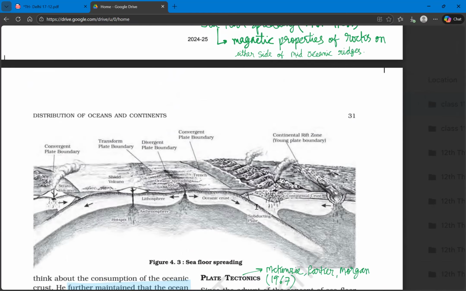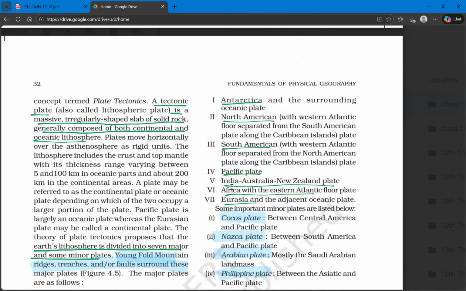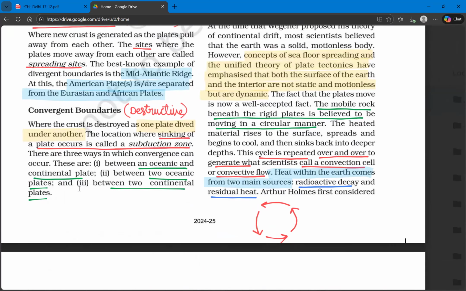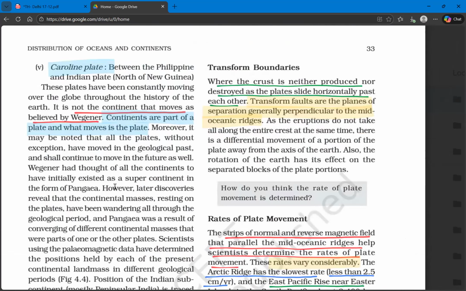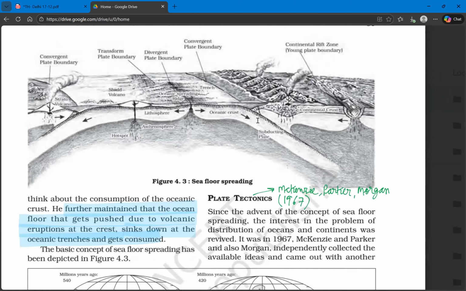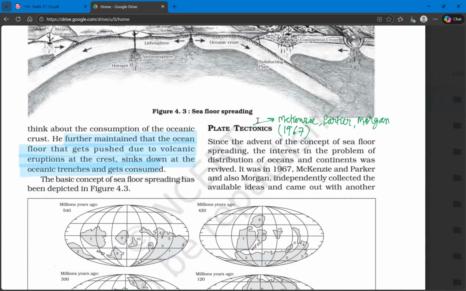So this is an area of convergence. We have three types of convergence, that is oceanic continental plate, between two oceanic plates and between two continental plates. In seafloor spreading, we can see the example of oceanic and continental convergence, and the other two are between two oceanic plates and between two continental plates.